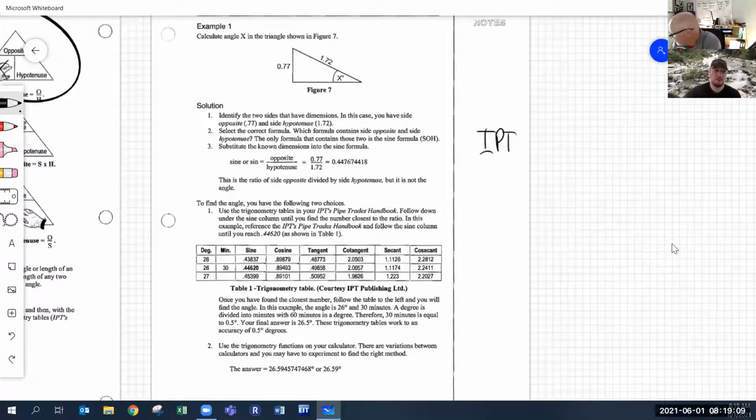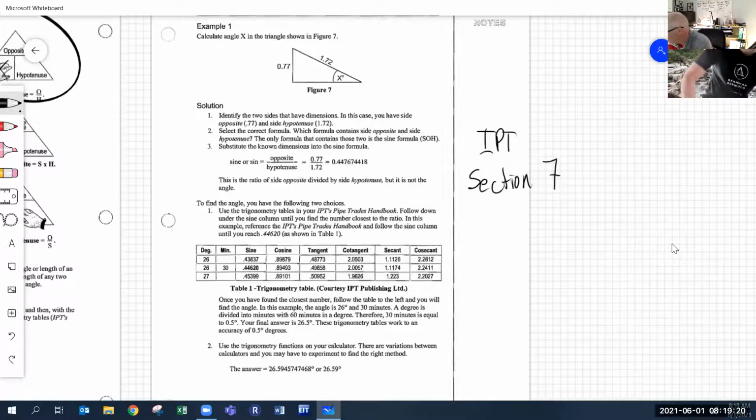So please grab your IPT Pipe Trades Handbook and turn to section 7. I think section 7 starts on page 280, somewhere around there. Yep, 280.